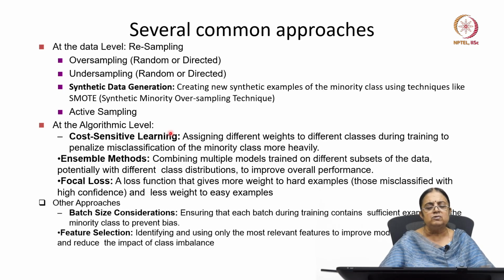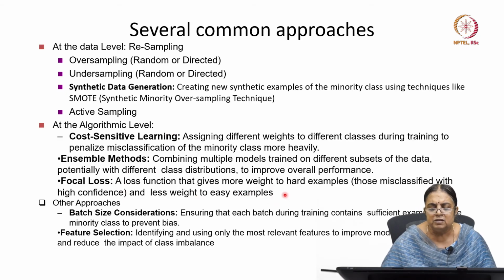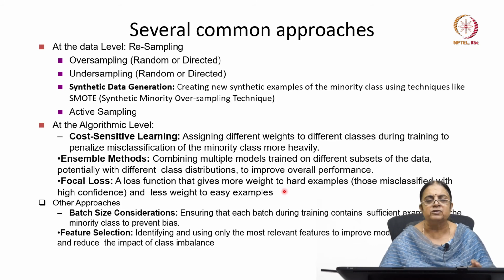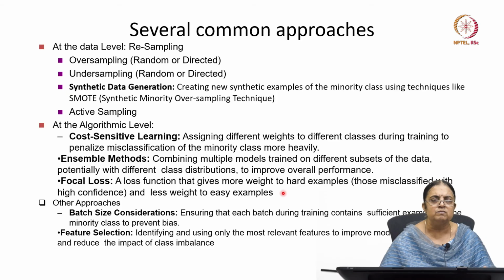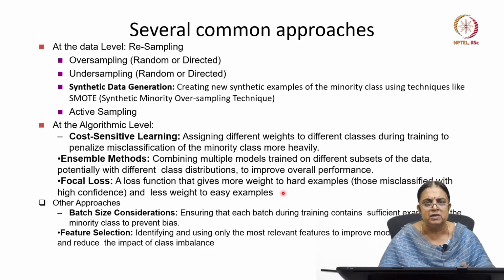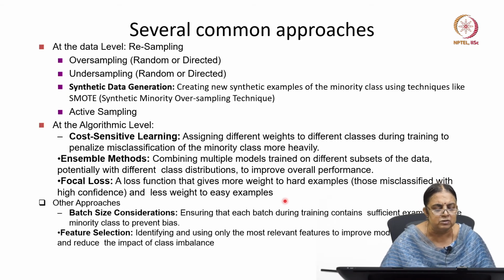Third one is to use what is called a loss function that gives more weight to hard examples, that is those misclassified with high confidence, and less weight to easy examples. This is like saying each example is given a weight, something like what we do in things like AdaBoost, where each example has a weight given to it.